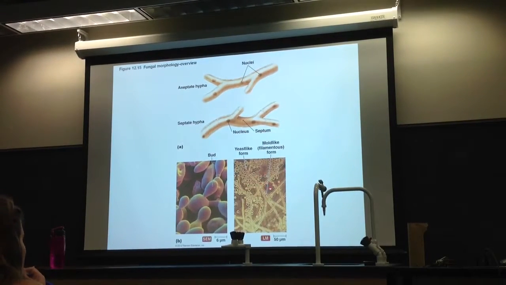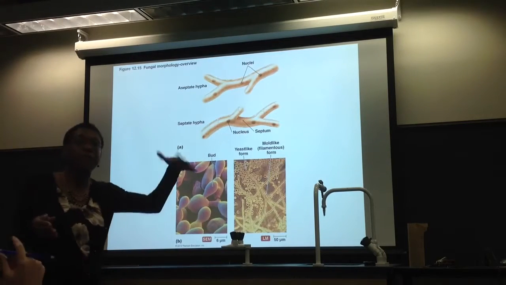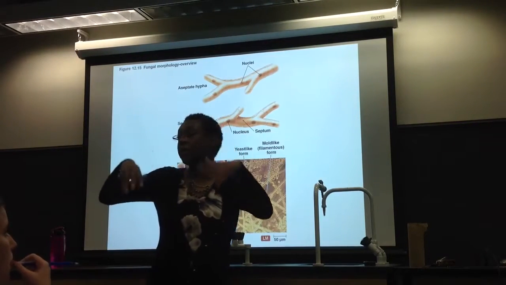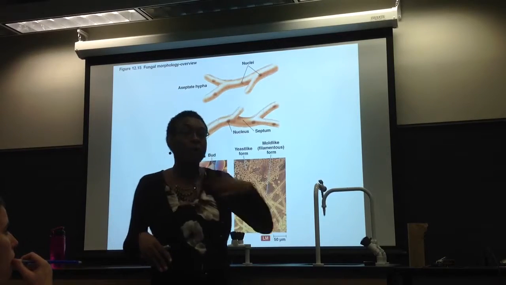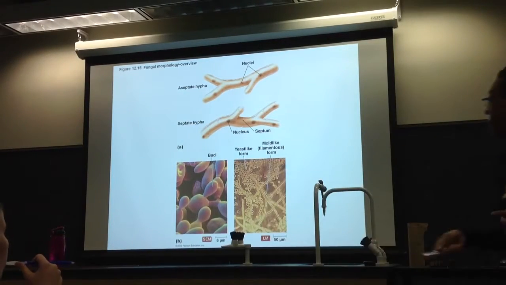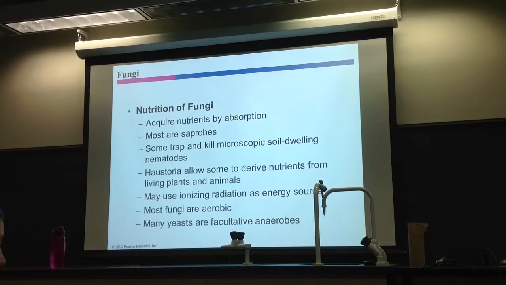And some fungi have dimorphic forms, meaning they have a yeast-like form and a mold-like form. That's a dimorphic fungus. They go from one to another, usually related to temperature. If they go from a unicellular yeast form to a multicellular mold form, it's usually based on temperature. In terms of nutrition, they eat by absorption.